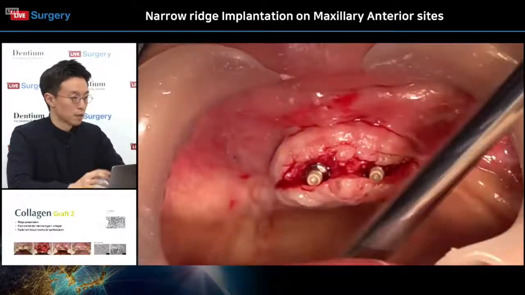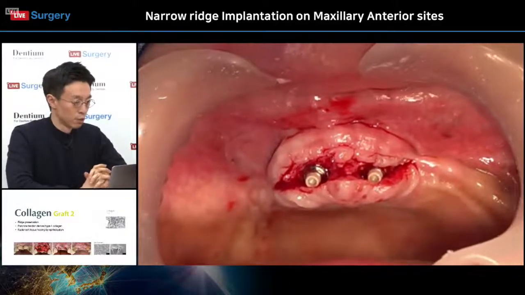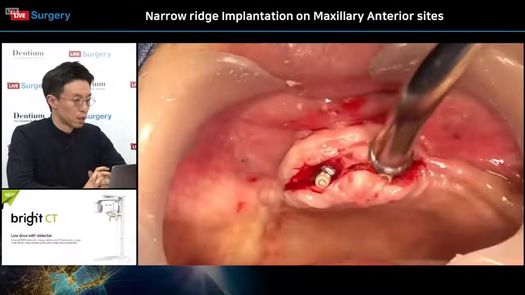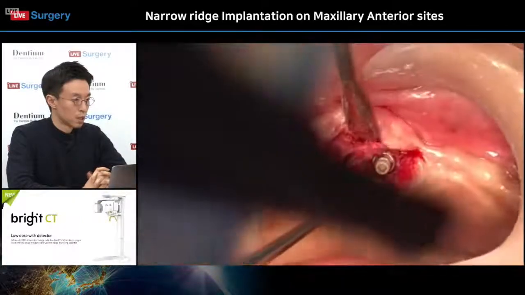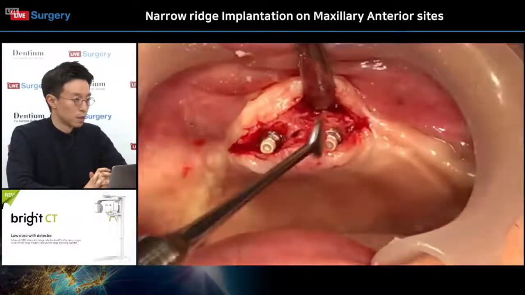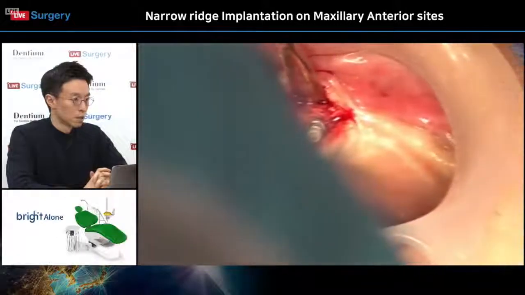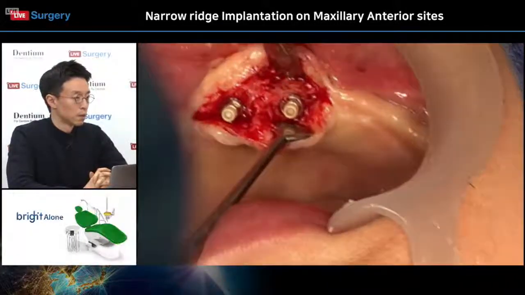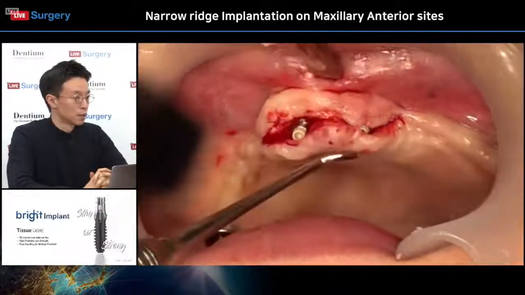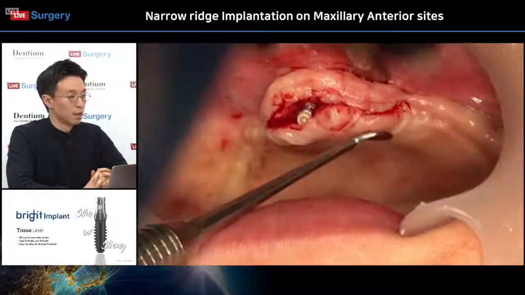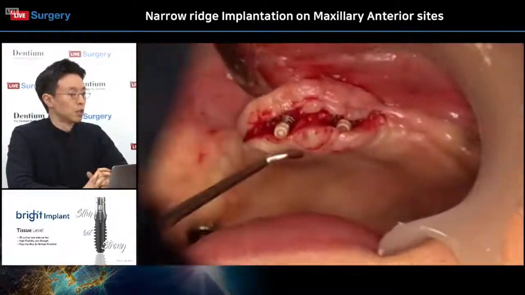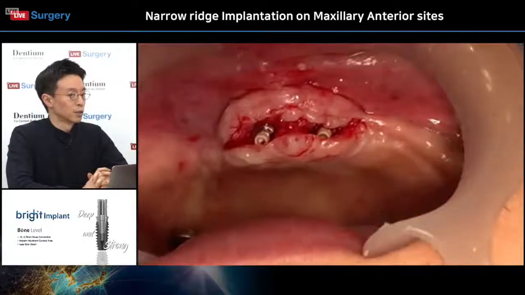He is checking the possibility of primary closure. I guess there is enough soft tissue around the fixtures.